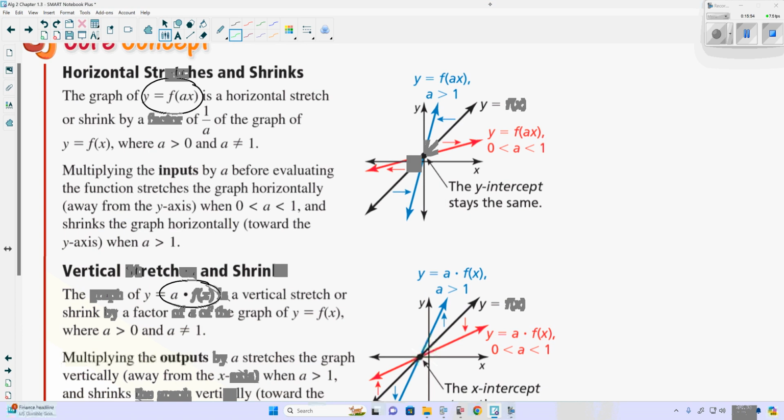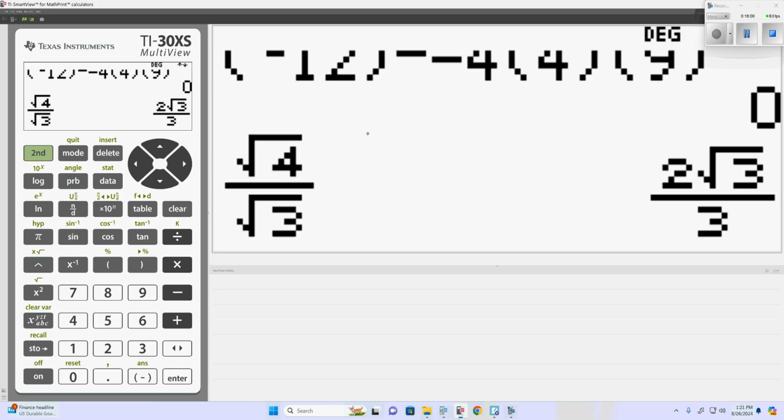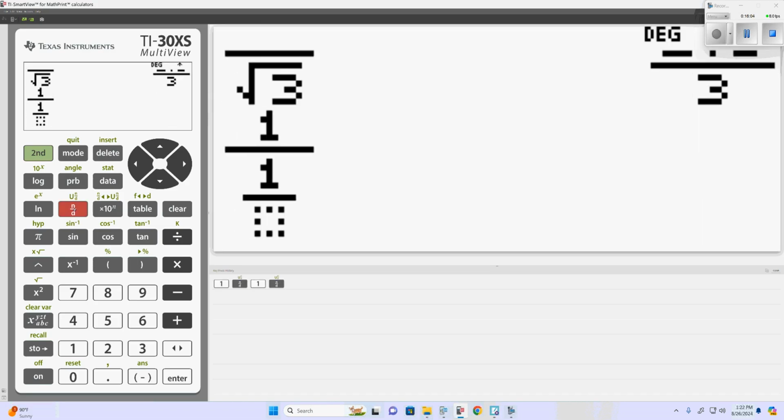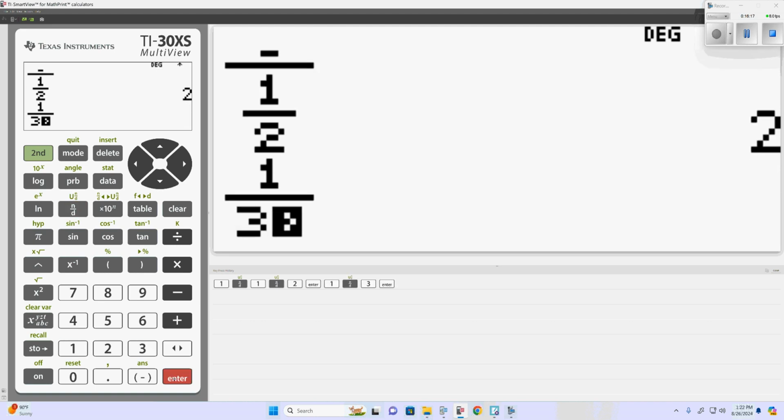Because if we said a was 1/2, well, it's saying 1 over a. So 1 over 1/2 is 2. What happens if I flip 1/2? It becomes 2 over 1, which is just 2. If we said a was 3, okay, 1 over 3 is 1 over 3.